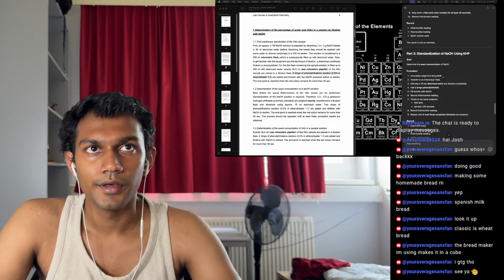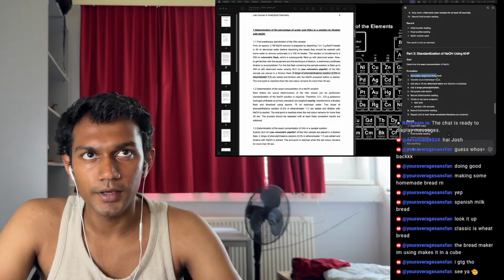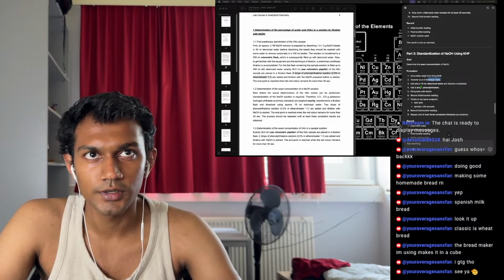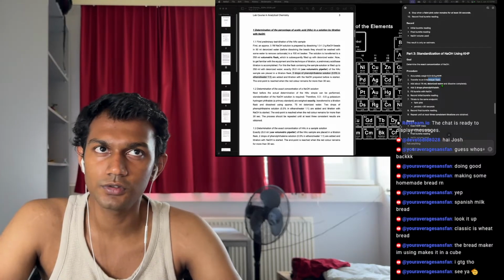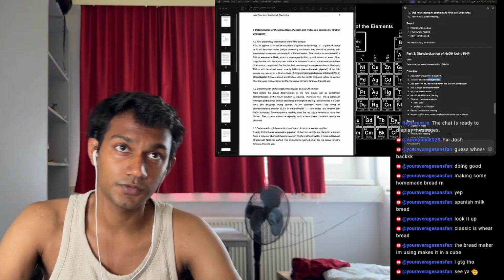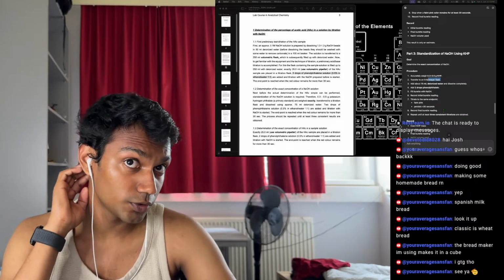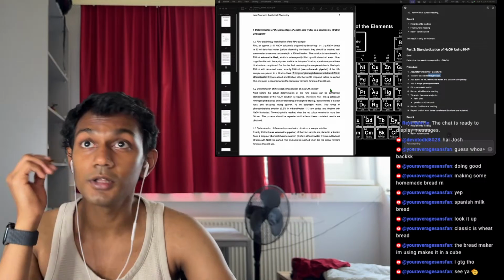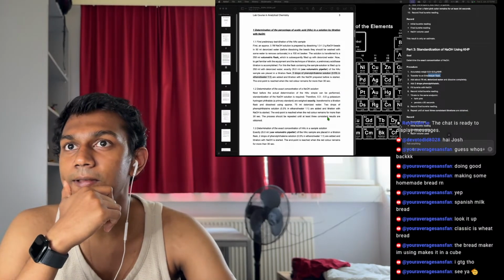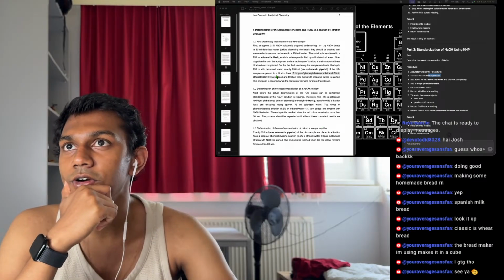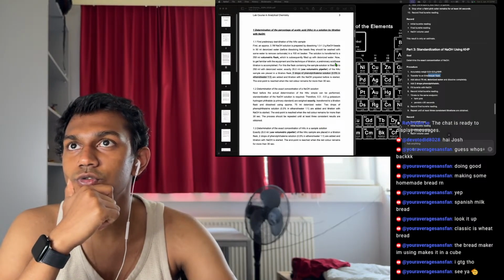So we weigh the KHP, transfer to the flask, 75 milliliters DI water, dissolve completely, 2 drops of phenolphthalein. Fill burette with NaOH, record initial burette reading, titrate to the same endpoint. Again, I'm guessing the amount of NaOH solution you're using is 25 milliliters, right?